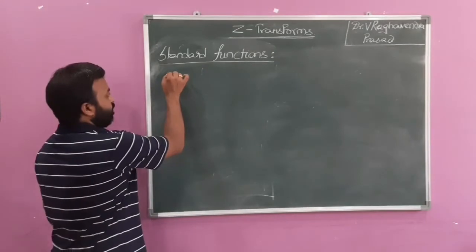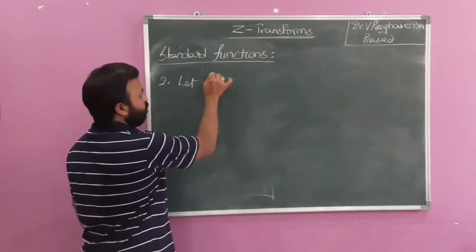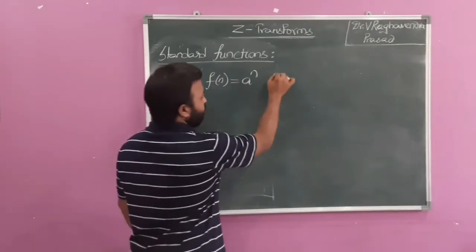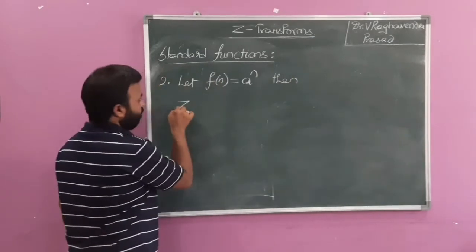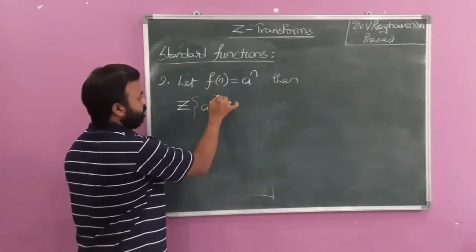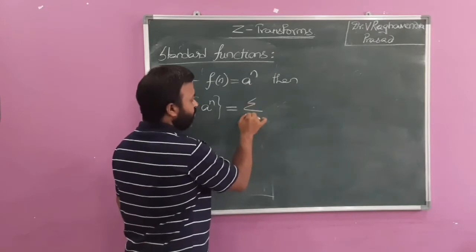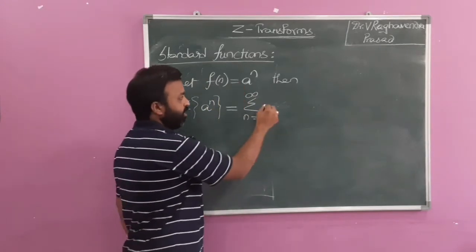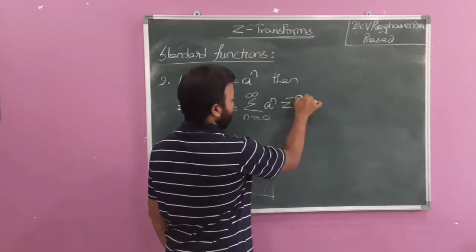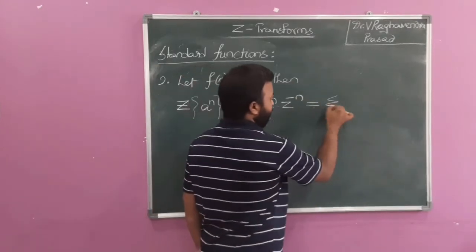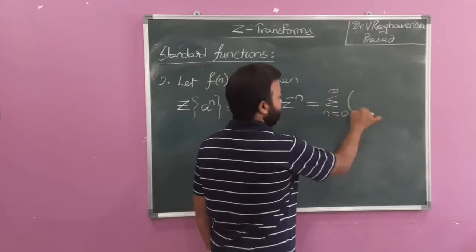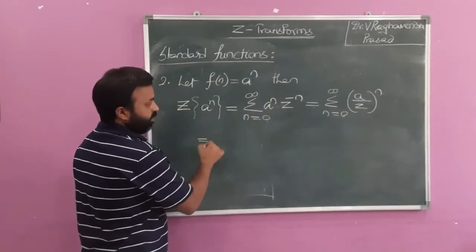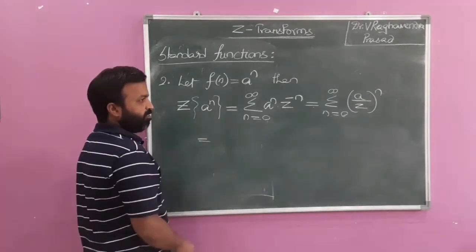Now, let us suppose f of n equal to a power n, another sequence. Then the Z transform of a power n, by definition, is sigma n equal to 0 to infinity f of n, where f of n is defined as a power n, into z power minus n. We write this as sigma n equal to 0 to infinity a by z to the power of n. Now we substitute n equal to 0, 1, 2, 3 and so on and expand the summation.